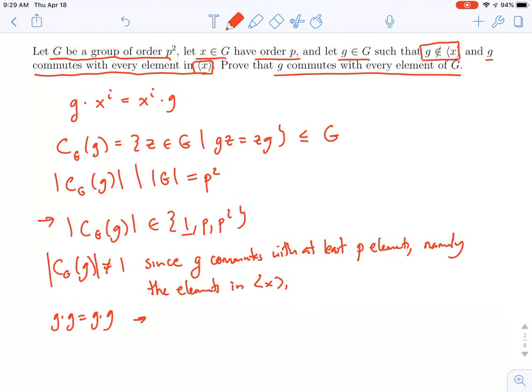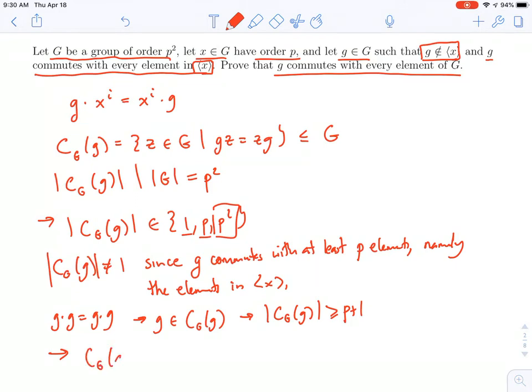Which means that g is also an element in its centralizer, but it's not one of the p elements that we already know, which tells you that the size of the centralizer is at least p plus 1. There's at least p plus 1 elements because I have all the powers of x and I have g. But it can't be p plus 1. In fact, now we know it can't be p, so there's only one thing left. It's got to be p squared.